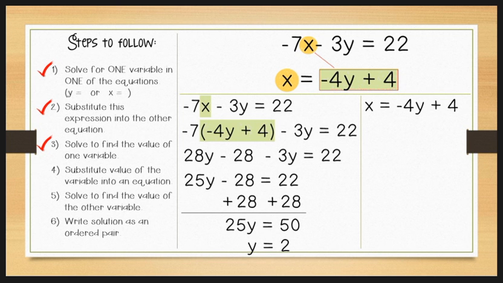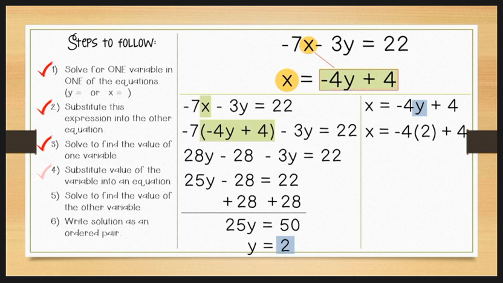So now we are going to substitute our value that we have for y into one of the equations. So using the equation x equals negative 4y plus 4, we are going to substitute the value of y, which is 2 in this case, into the equation for y. So when we do that, we would have x equals negative 4 times 2 plus 4.